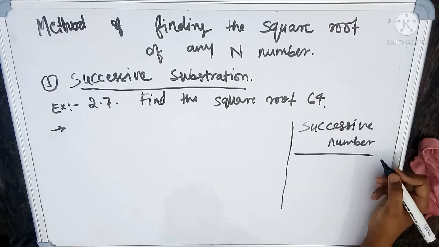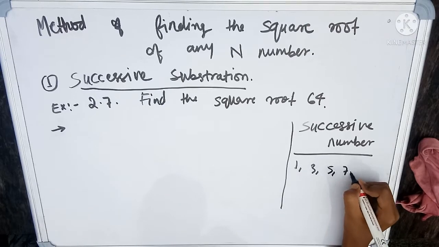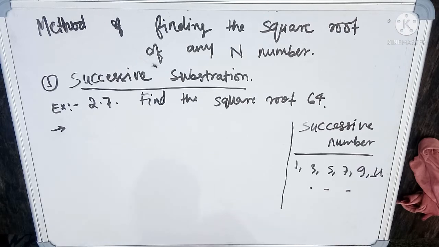Successive numbers are nothing but alternate numbers. We can say like 1, 3, 5, 7, 9, 11 and so on. So all the alternate numbers, or the numbers having a gap of 1, are the successive numbers. Let us see how we can use these numbers in finding the square root of any natural number.